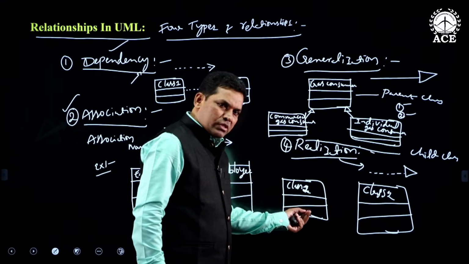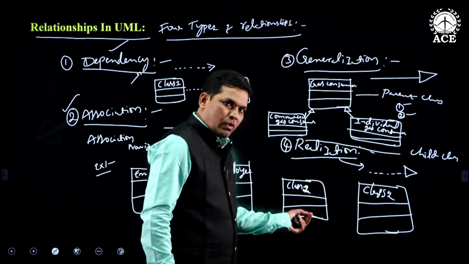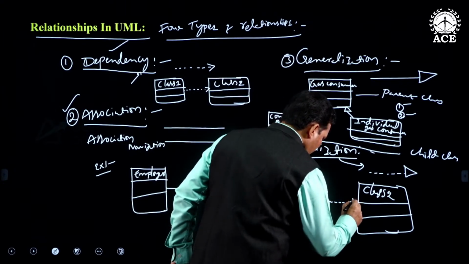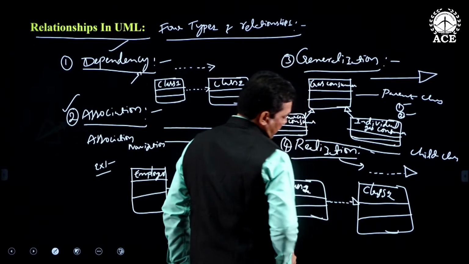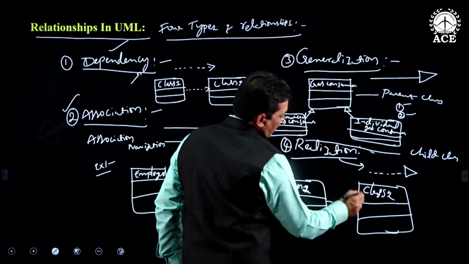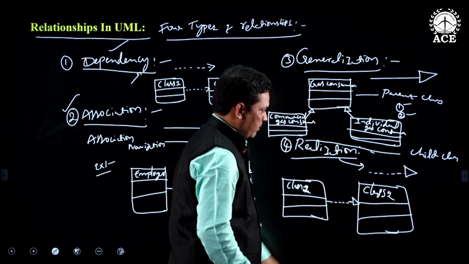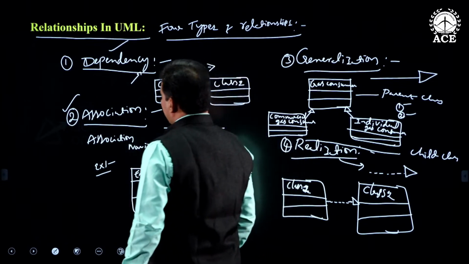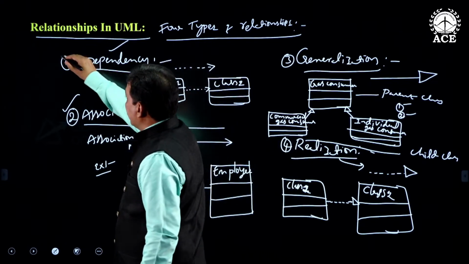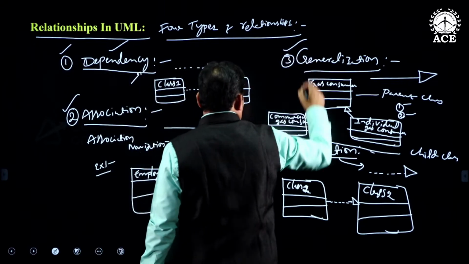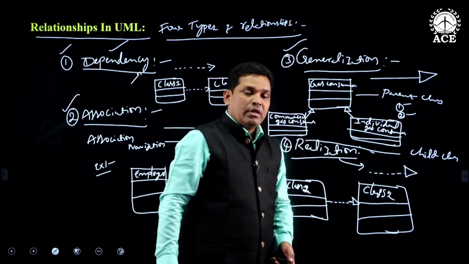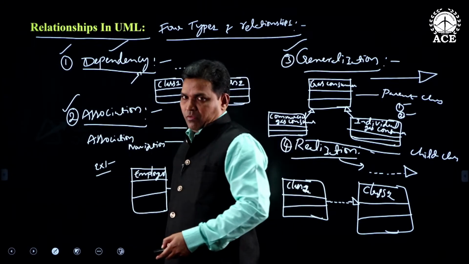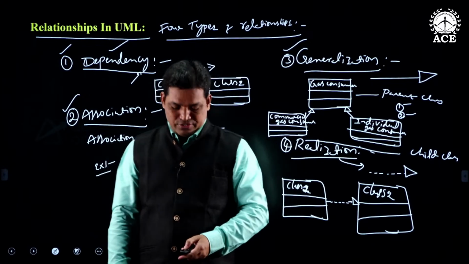When class 1 wants to assign some responsibility to class 2, which has to implement it, in that situation only we use the realization relationship. That is the purpose of realization. While modeling a software system, the most frequently used relationships are three: dependency, association, and generalization. Realization is used very rarely. That is the importance of relationships in UML, which play a major role while modeling a software system.